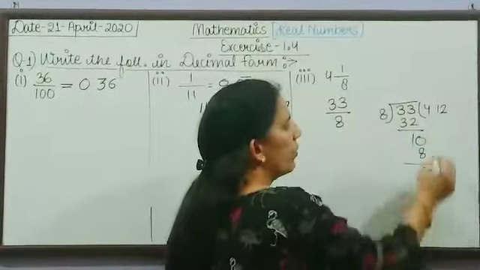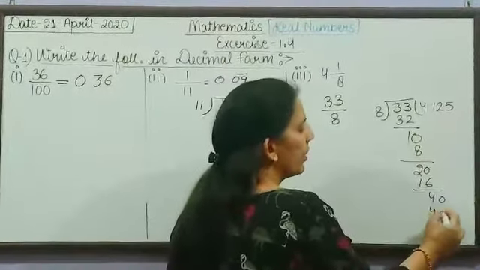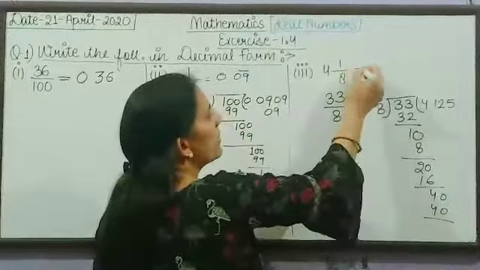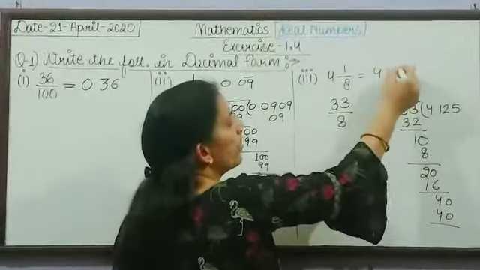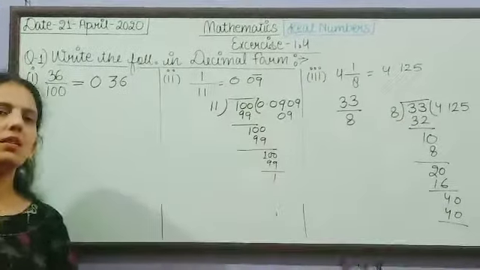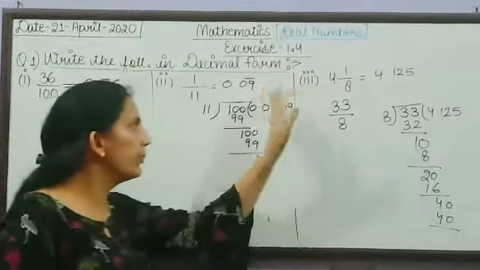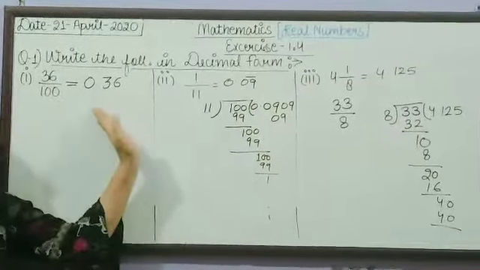Again you will take 4. By decimal put 0. 8 5s are 40. What kind of decimal expansion is here? 4.125. Now, I am asking you one question, what kind of decimal expansion are these?